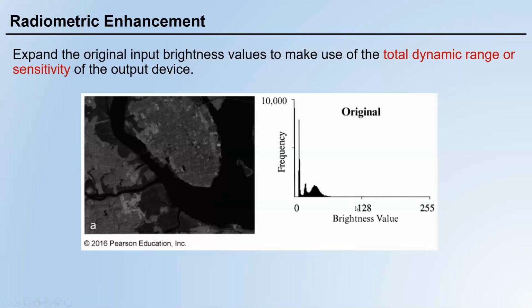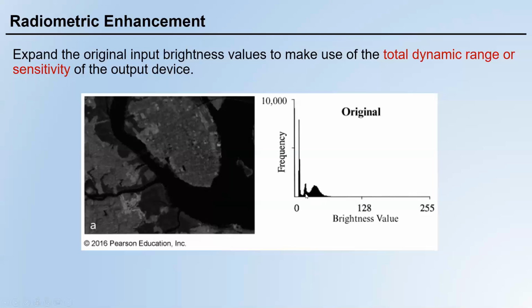It's far below 128, which is half of the whole range, right? So two things. Firstly, a lot of pixels have similar values, and these values are very low. And for the whole image, all pixels' values are clustered within this very small range.